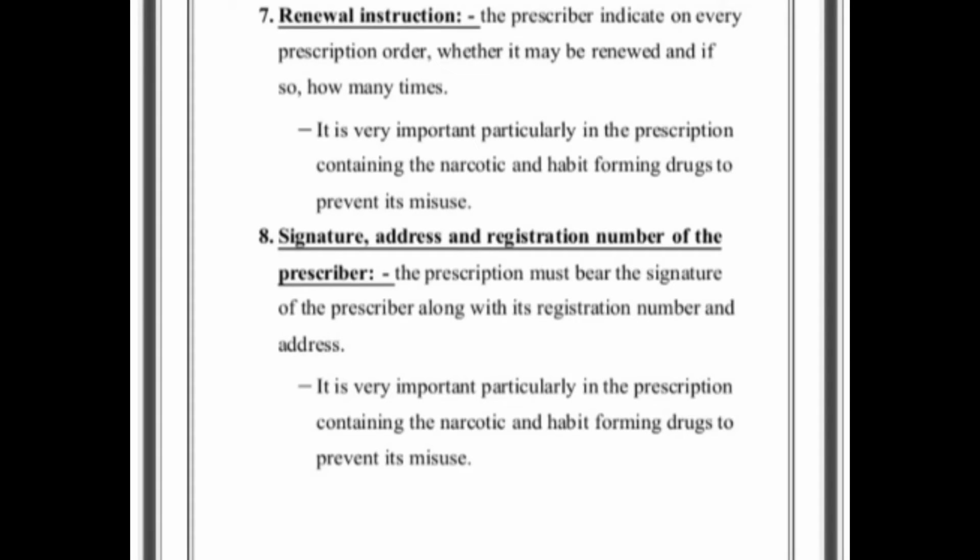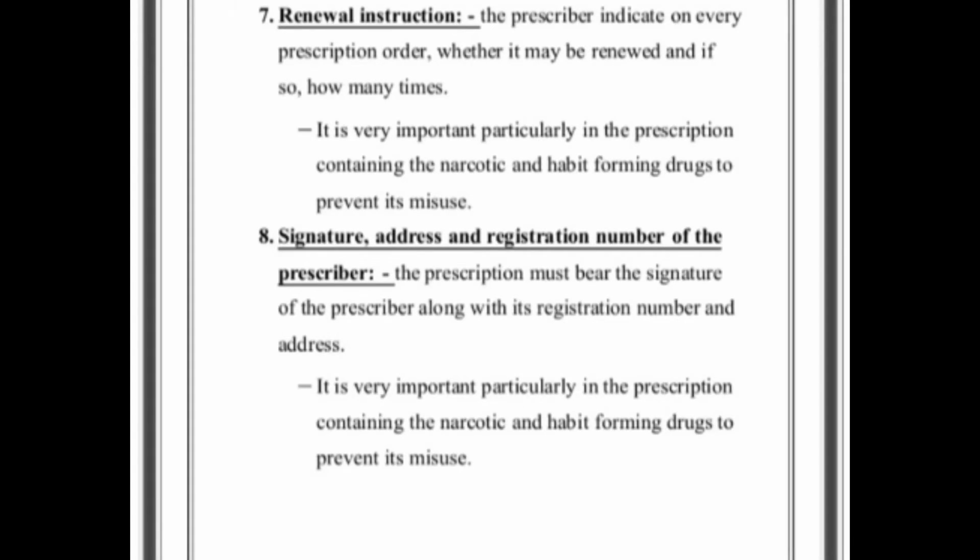Renewal instruction. The prescriber indicates on every prescription order whether it may be renewed, and if so, how many times. It is very important in prescriptions containing narcotic and habit forming drugs or medicines to prevent misuse.